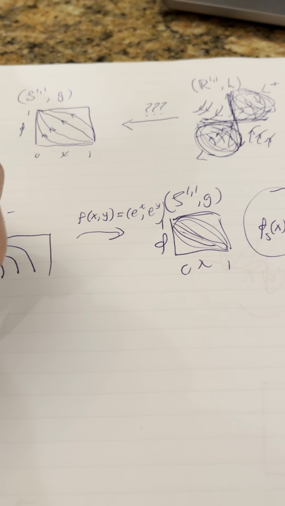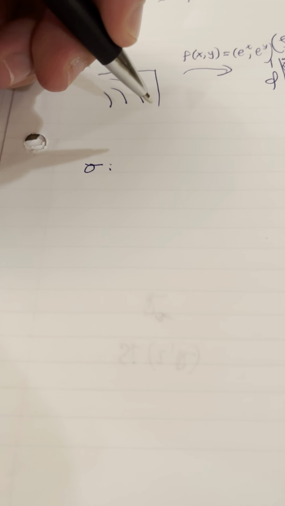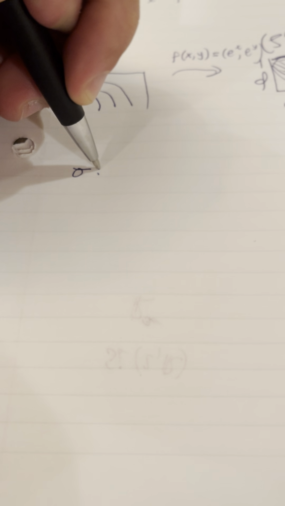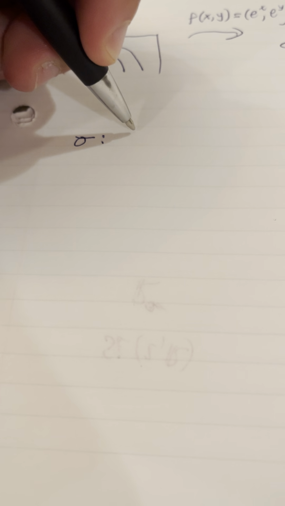So a section would just be sigma. Section. So we're going to lift the manifold.